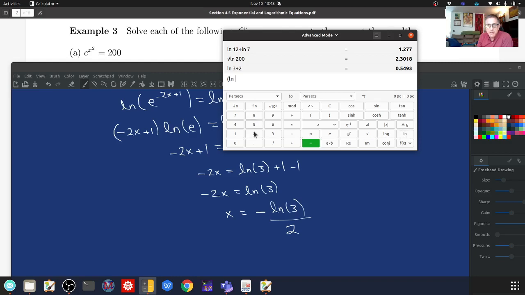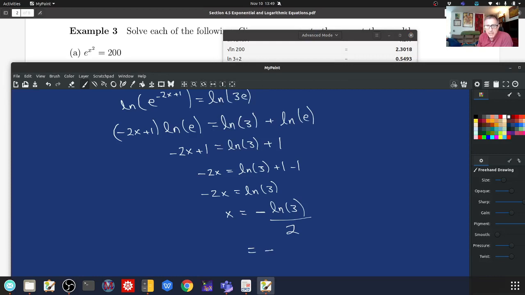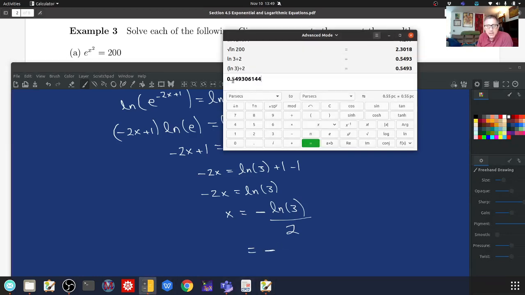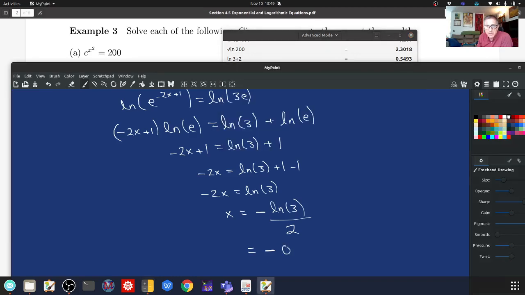The log of 3 in parentheses divided by 2, and I put a negative on my answer. And what was that again? 0.549. Since the digit after 9 is 3, that's less than 5. That's the answer, 0.549.